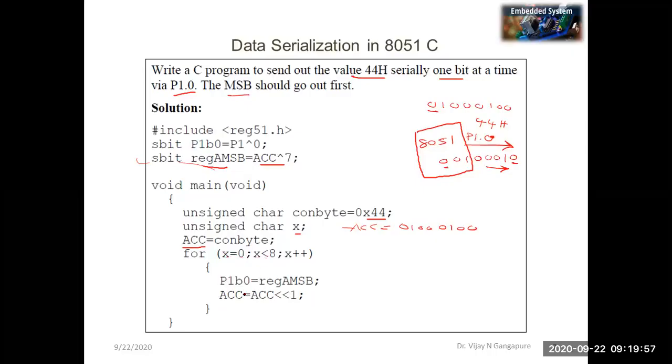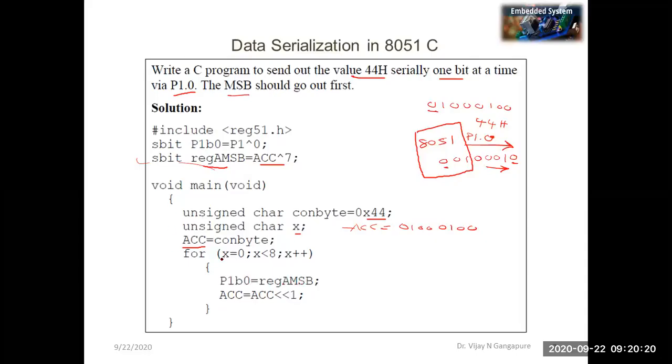First time the value in x will be 0. Then this condition will be checked, and obviously it will return true. Then the statements in the for loop will be executed. So P1B0, means port number 1 pin number 0, will get assigned with regAMSB.